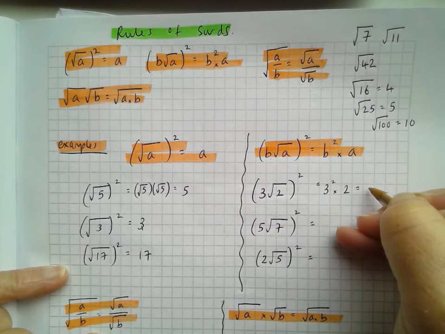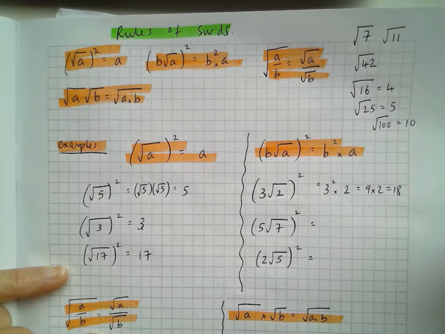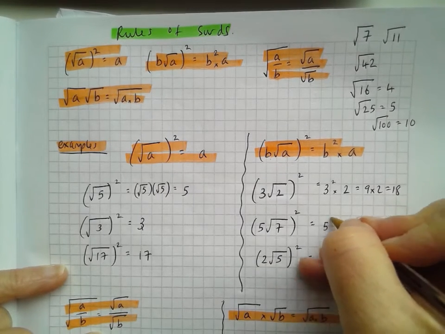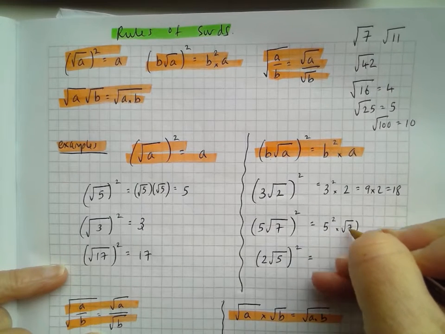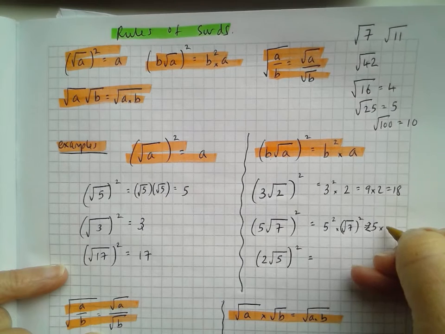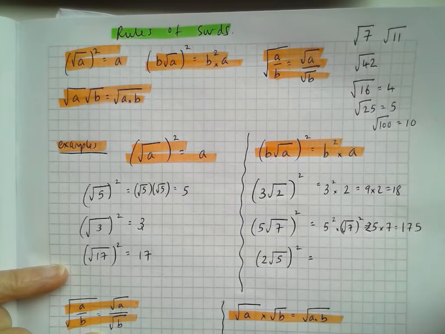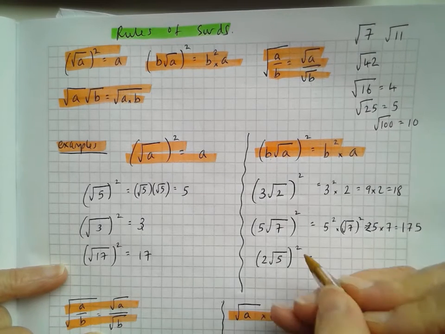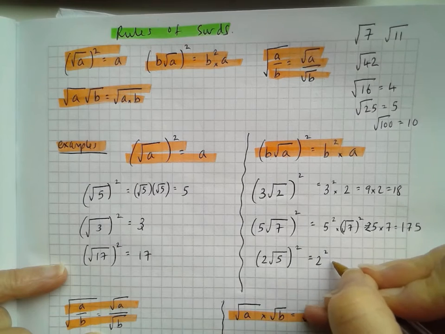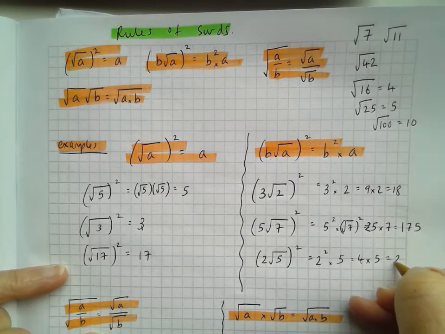So 9 times 2, which is 18. 5 root 7 all squared will be 5 squared times root 7 squared, which is 25 times 7, which is what, 175. 2 root 5 squared means 2 squared times root 5 squared, which is 5, which is 4 times 5, which is 20.